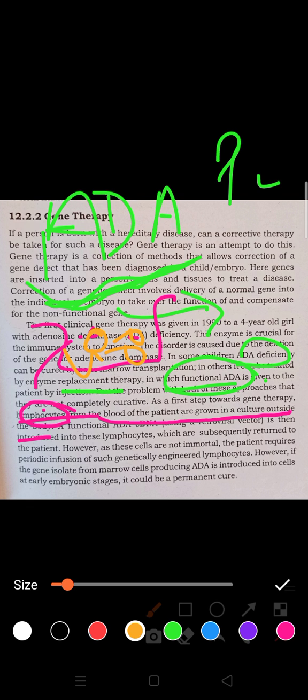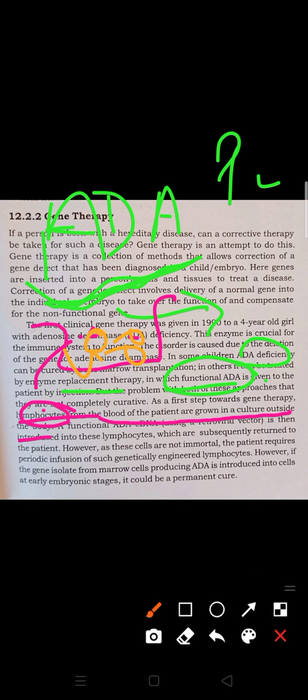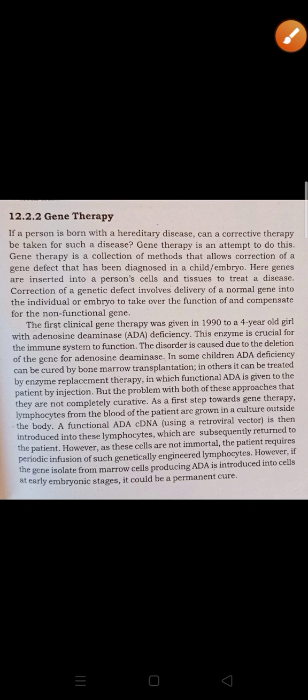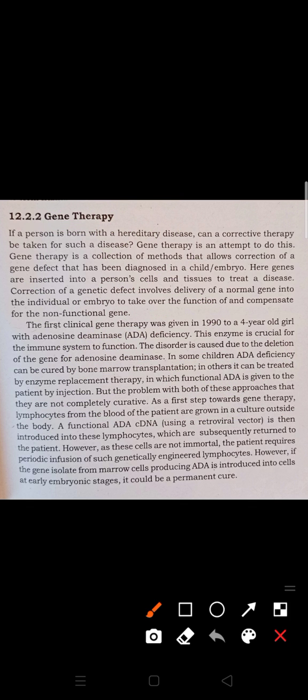Then after the culture formation, a functional ADA cDNA, children, last day also I have told you, direct mRNA we can't develop inside a prokaryotic cell. So firstly we have to make its complementary DNA. Okay, because the vector also can't produce different enzymes like a eukaryotic cell.